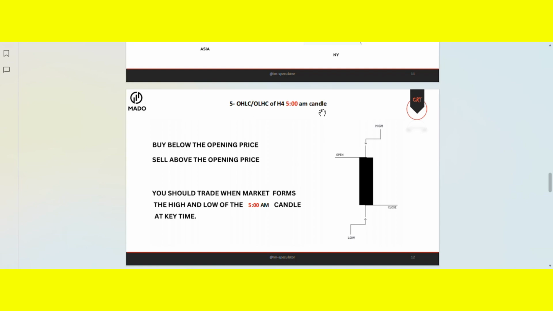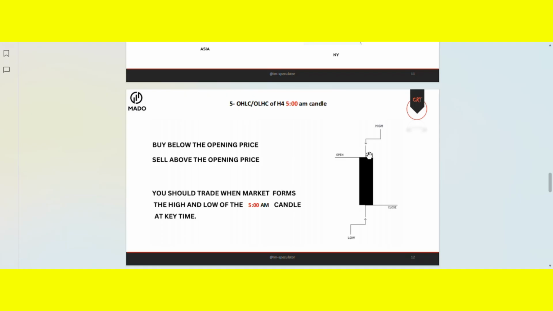So this is all low and all high patch of the 5am candle. So for this case, you buy below the opening price. So if you are buying, you buy below the opening price. So this is the opening price. This is for opening price, so you buy.